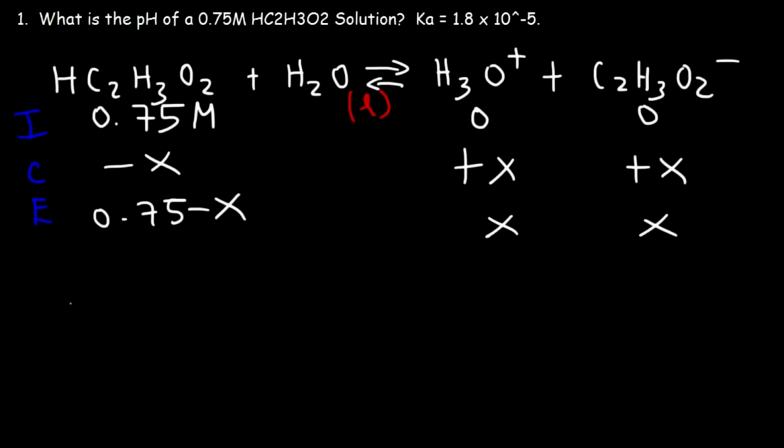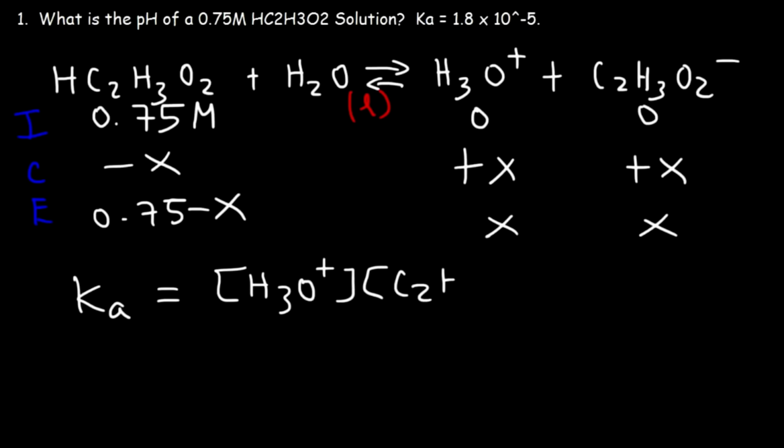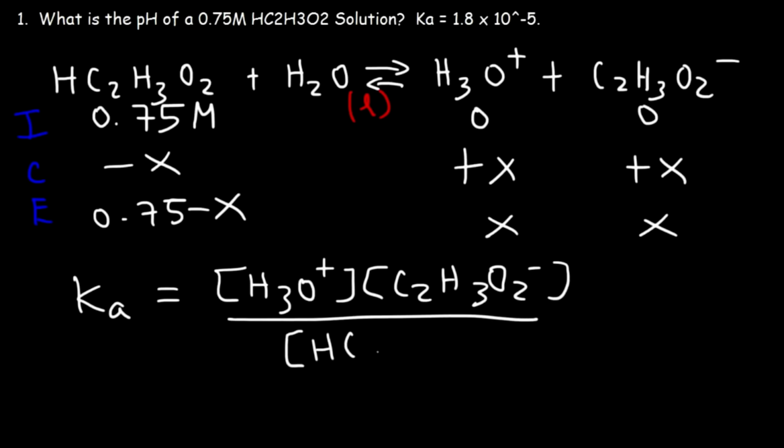So we can write the expression for Ka, the acid dissociation constant. It's equal to the concentration of the products, H3O+ and the acetate ion, divided by the reactants. We can't use water since it's a liquid. Now Ka is equal to 1.8 times 10 to the minus 5.